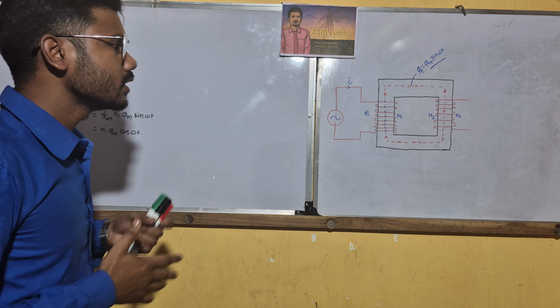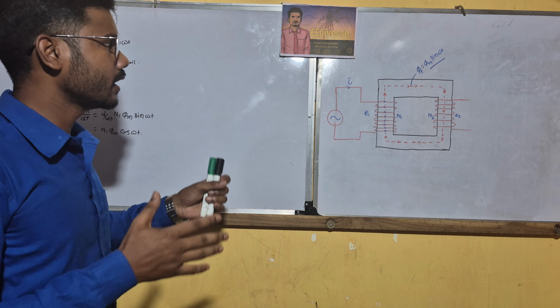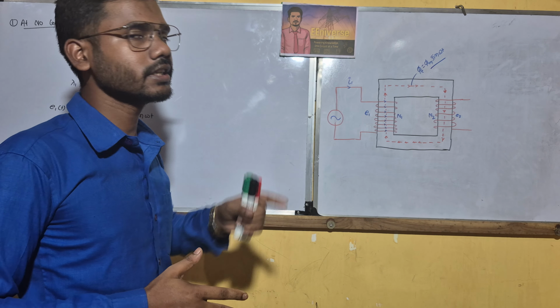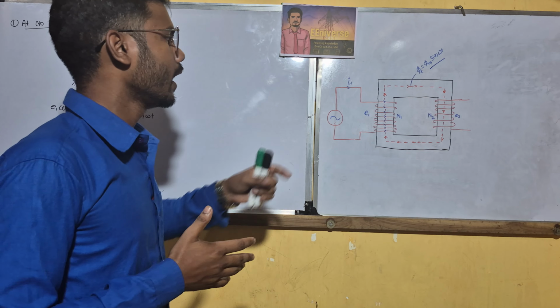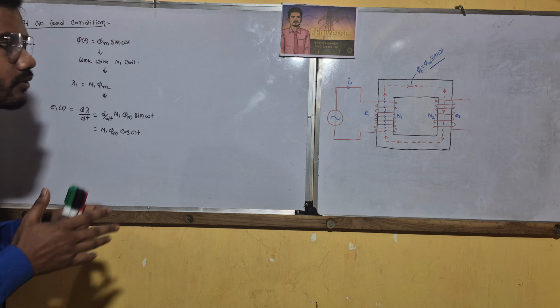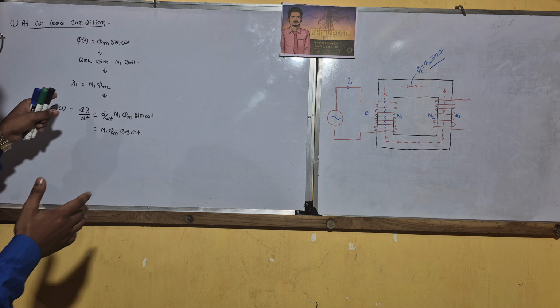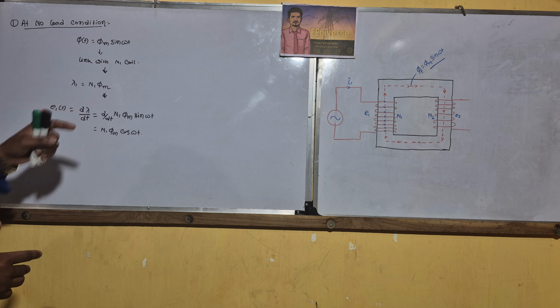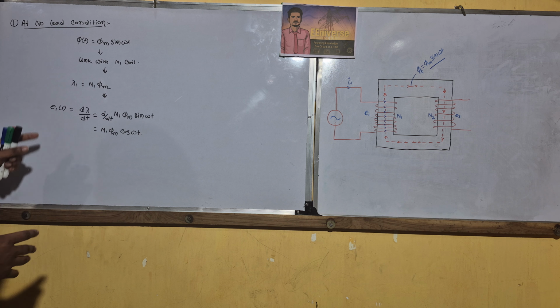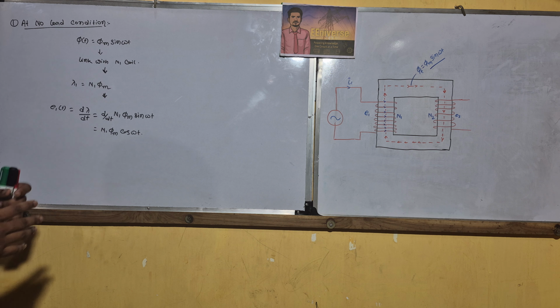So when we give an AC supply to this transformer, then in the primary coil an alternating current flows, and due to that in the primary side the flux is linked with the primary coil, that is N1, and a flux linkage occurs, that is lambda 1 equals N1 into phi m, and the EMF induced in this primary coil, denoted by E1, is equal to d lambda by dt equals d/dt of N1 phi m sin omega t equals N1 phi m cos omega t.